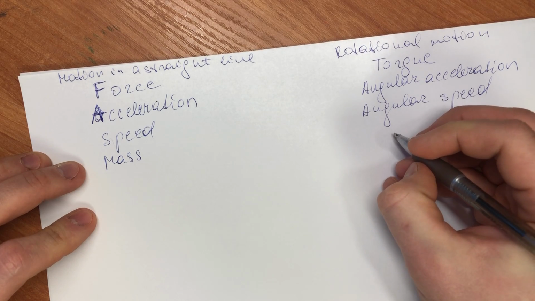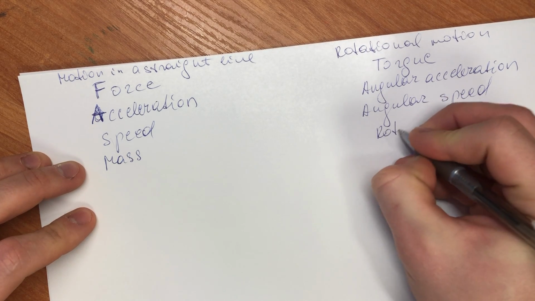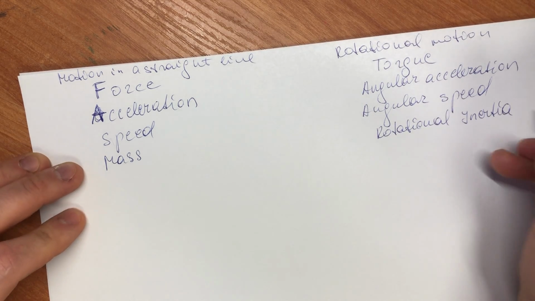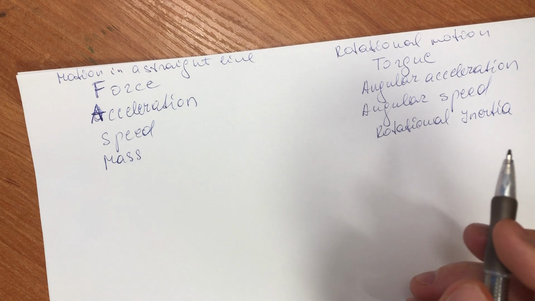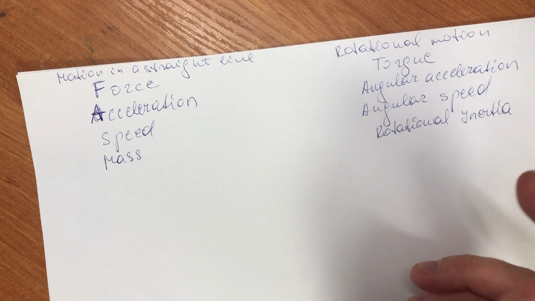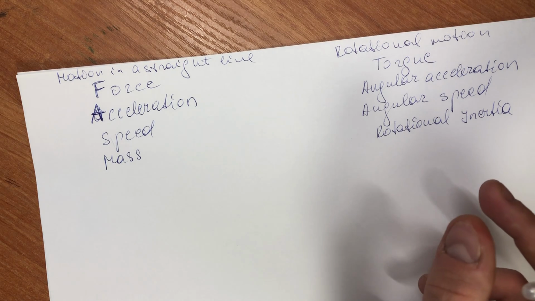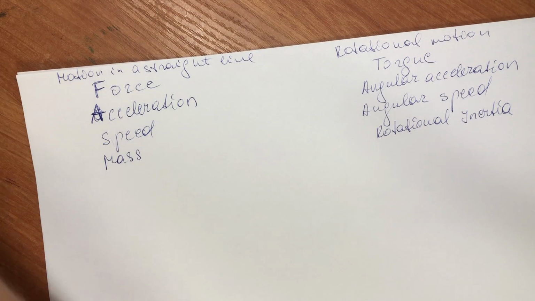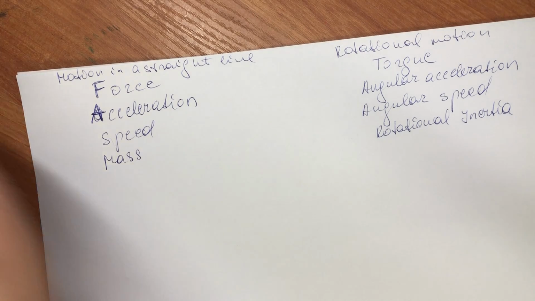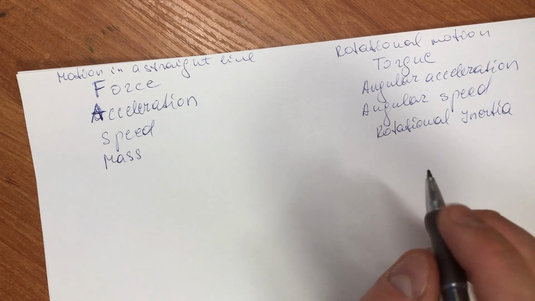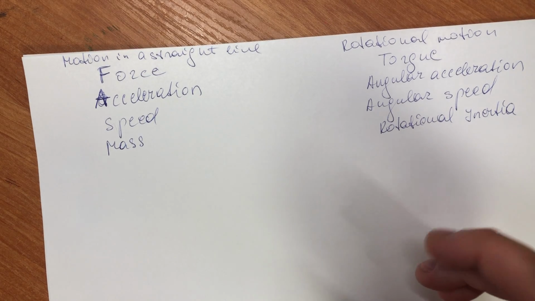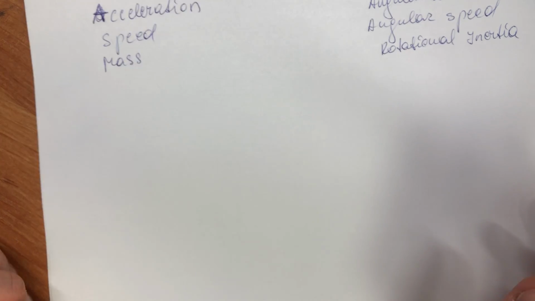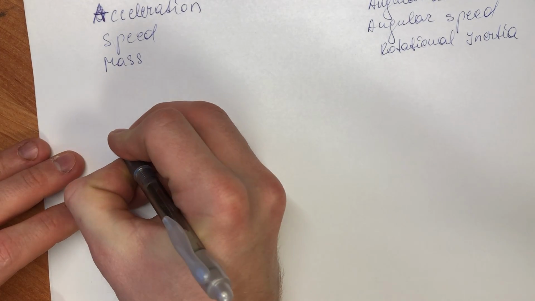And here is some kind of more strange thing: rotational inertia, the equivalent of mass. Let's have an example where there is a center.